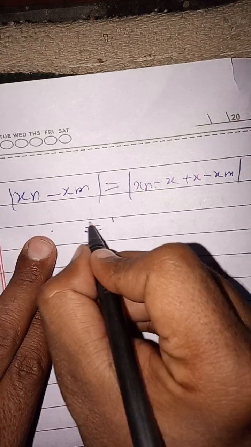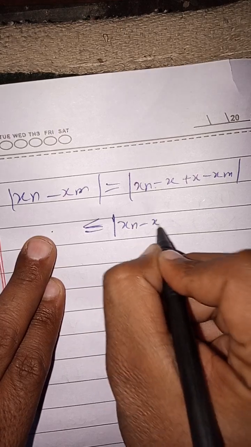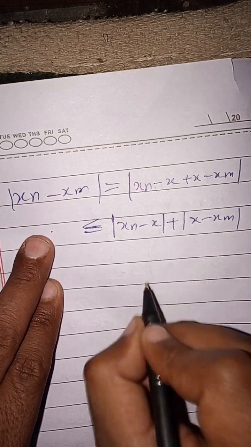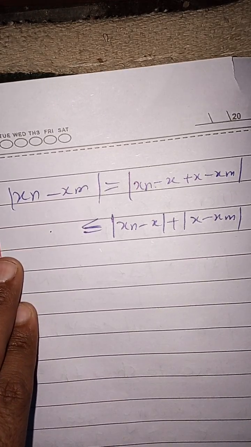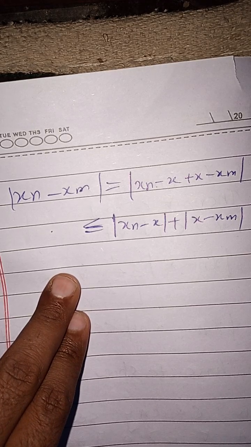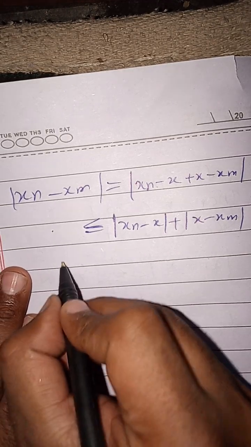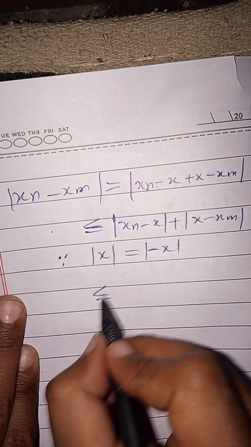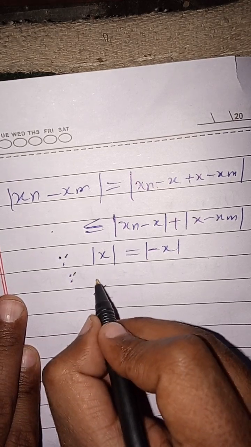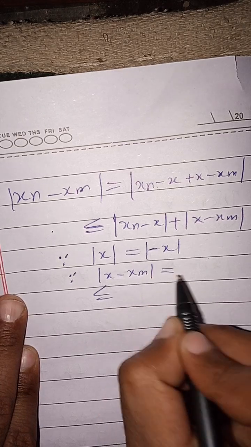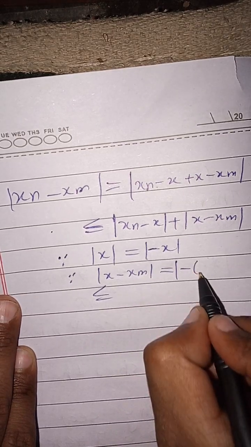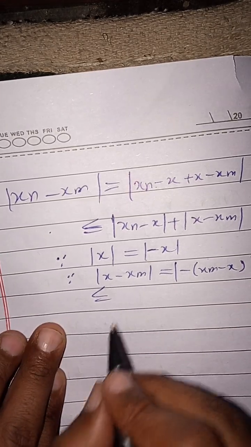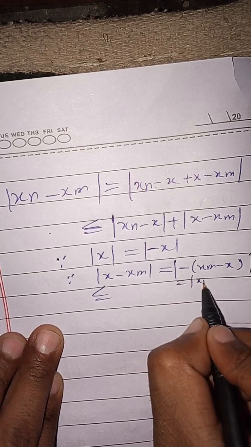If we open the mod like that, |xn minus x| plus |x minus xm|, the right hand side will be greater. We also know that if we take minus common, |x minus xm| is equal to |xm minus x|.